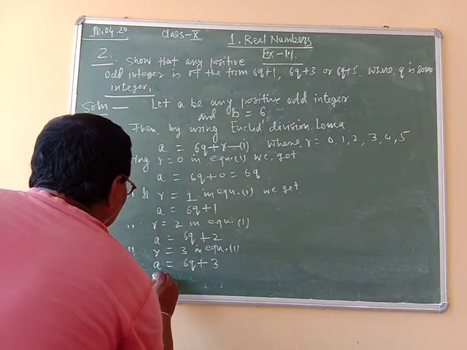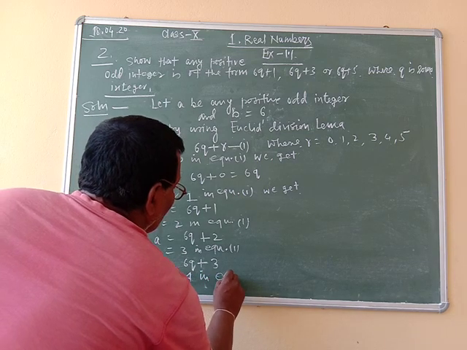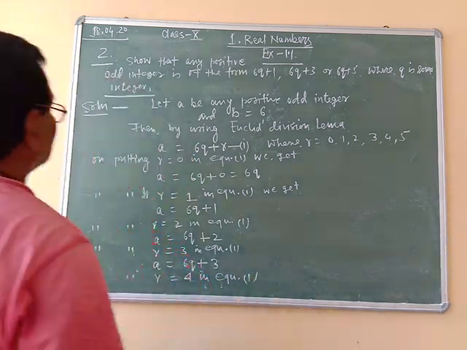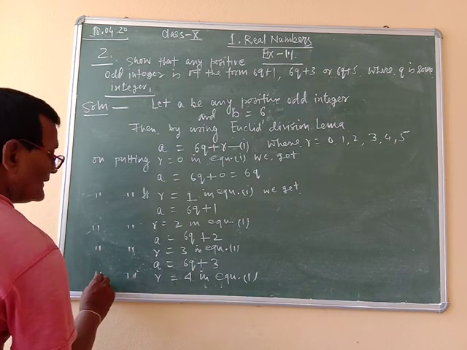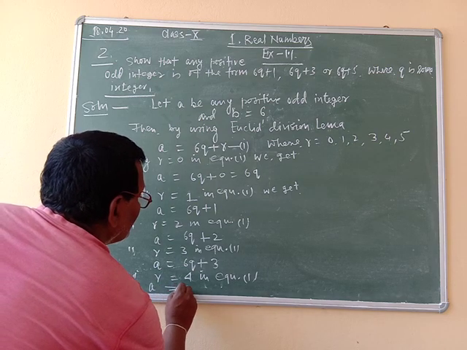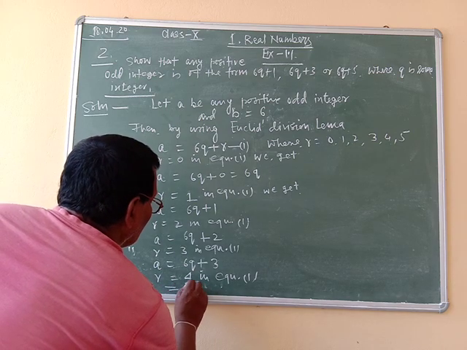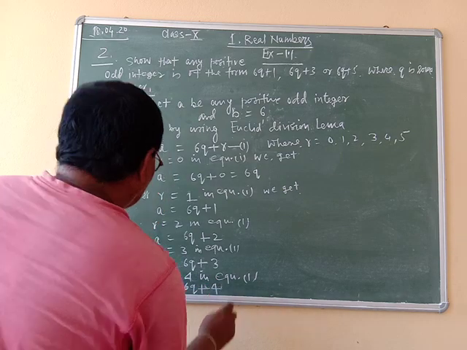Putting r equal to 4 in equation 1, a equals 6q plus 4.